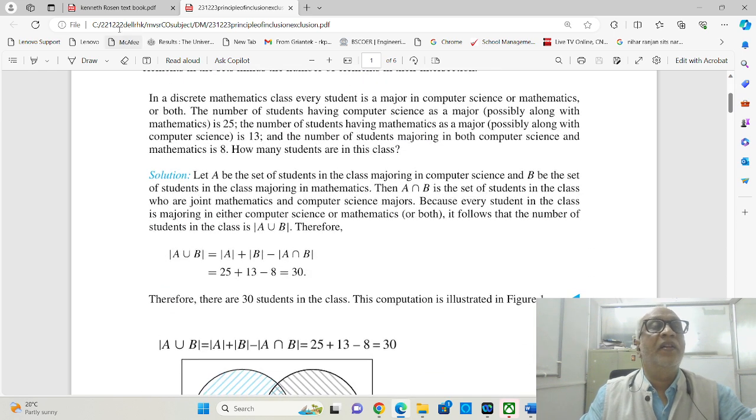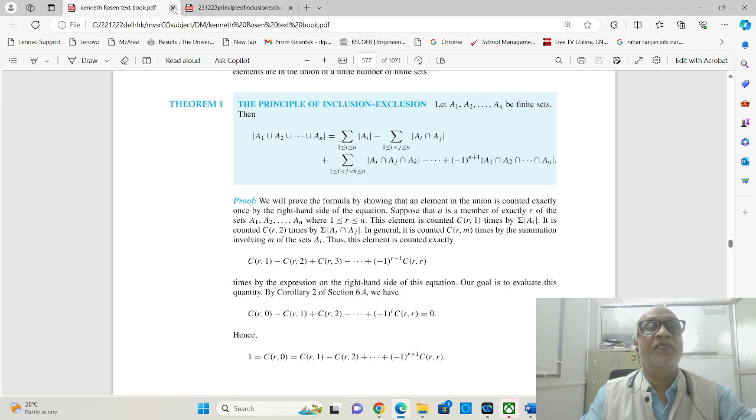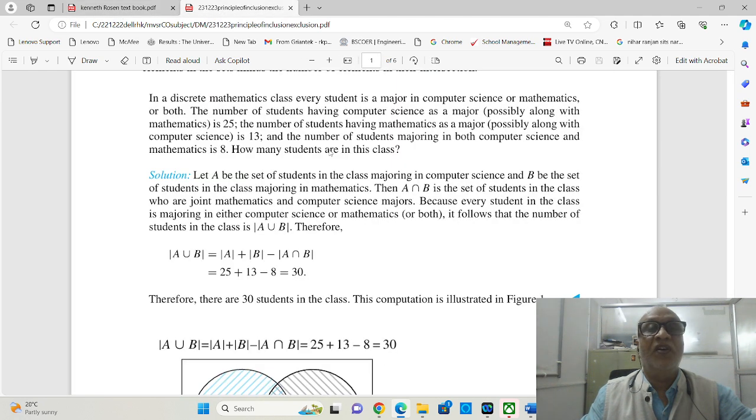So in the Kenneth Rosen textbook itself, I derived a few examples. This is the first example. There is a class, there are students in the class. The class is for discrete mathematics and the major is either computer science or mathematics, major as in degree.